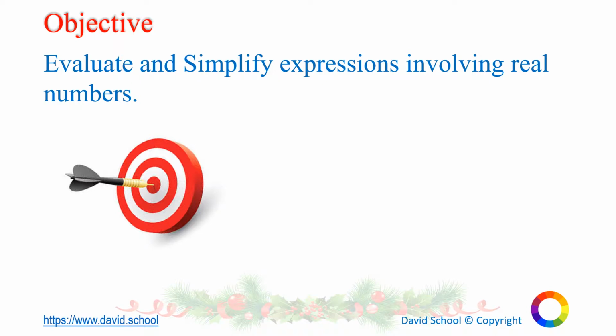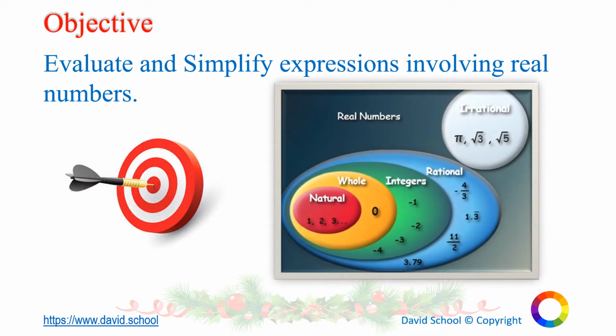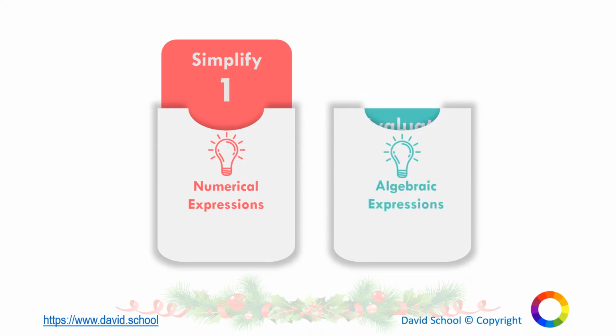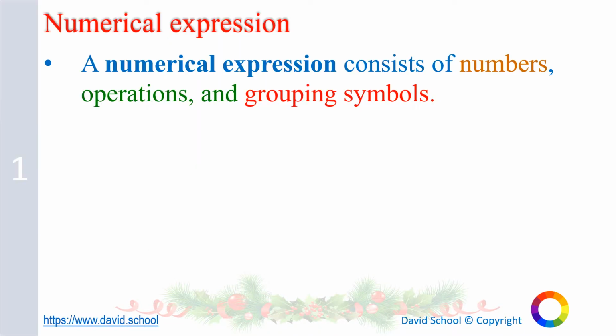In the last lesson, we have learned real numbers are natural number sets, whole numbers, integers, rational numbers, and irrational numbers. Now let us learn about numerical expressions and how to simplify them. Before that, let us understand what is a numerical expression.